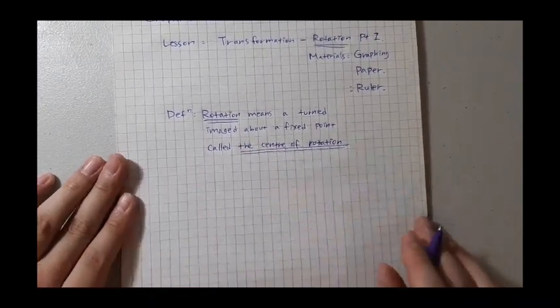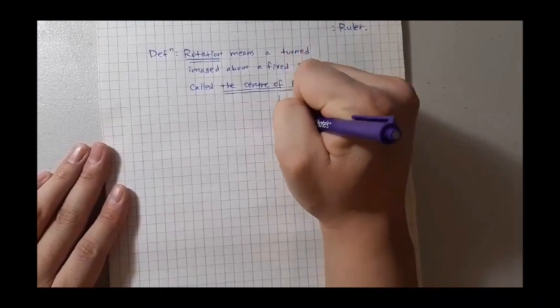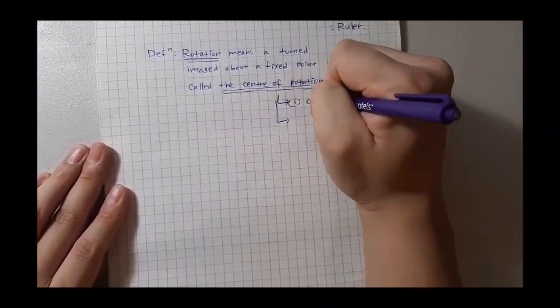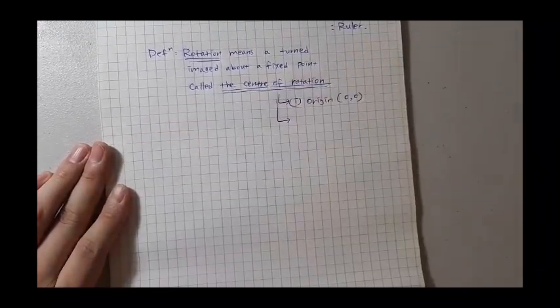Now, for the center of rotation, there can be multiple different options, but one of the main centers of rotation can be the origin, which is the 0 and 0 location.